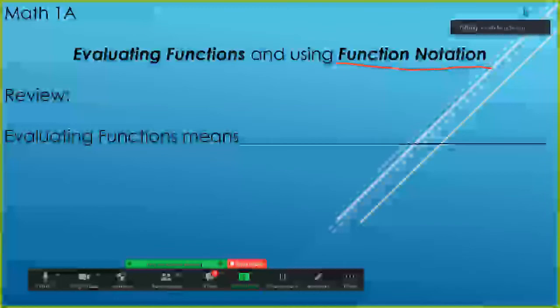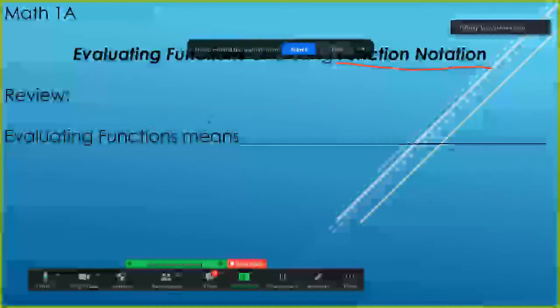It means to plug in a number for whatever variable it wants you to find. I love it. Absolutely. Let me see if I can write down exactly what you said. Evaluating functions means plug in a number for whatever variable it asks you to find.